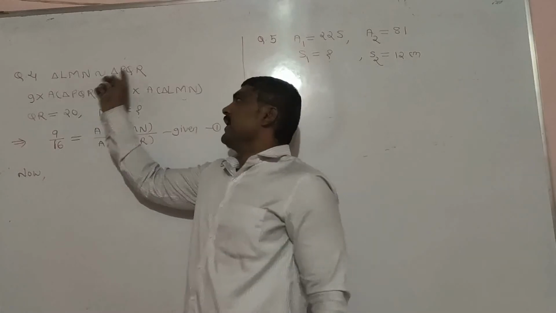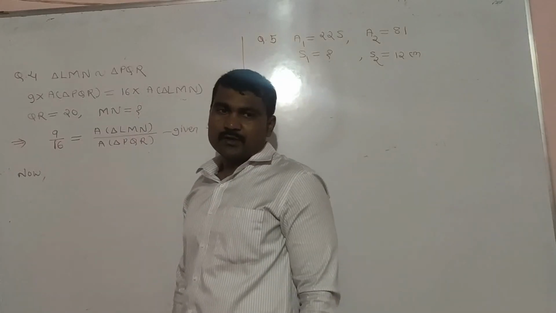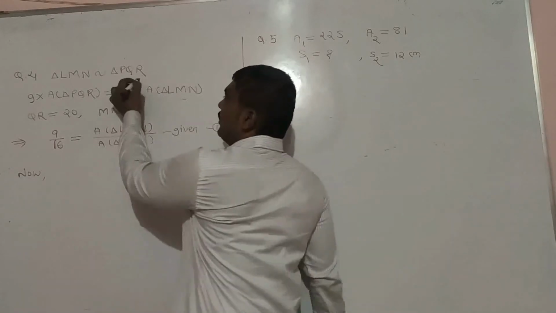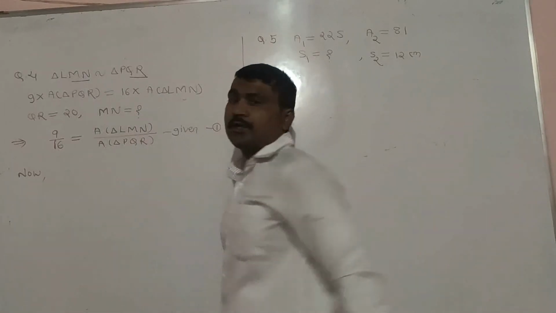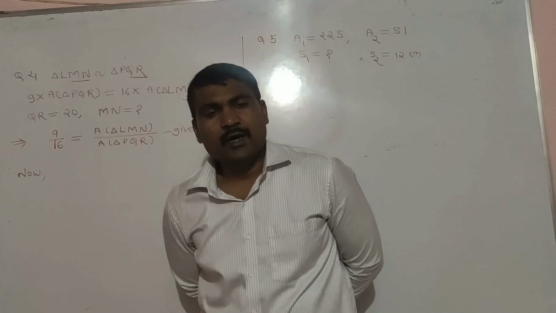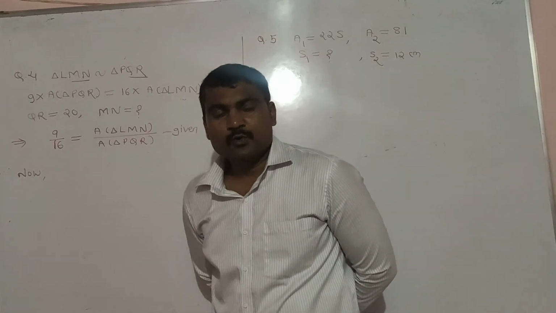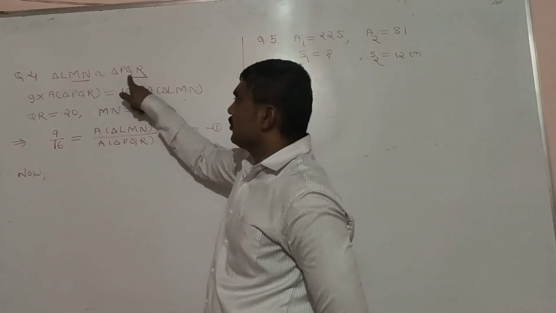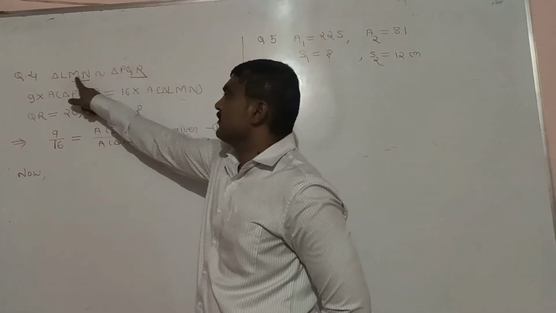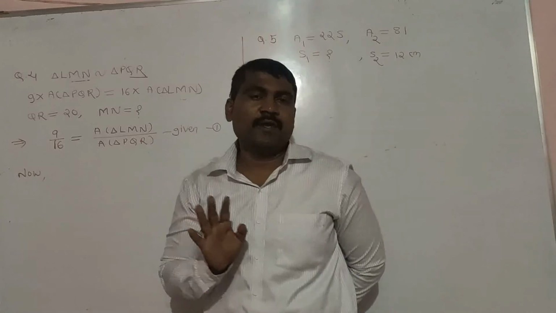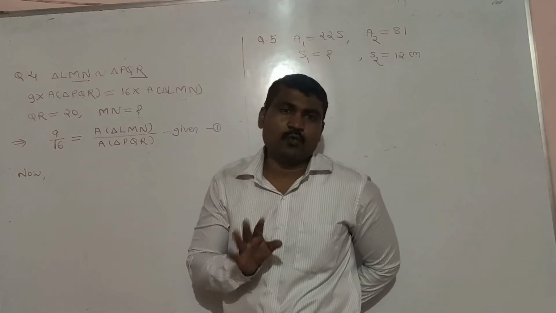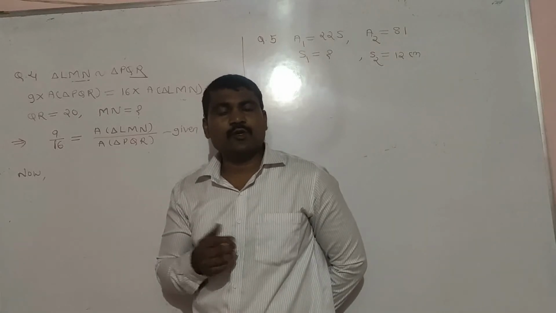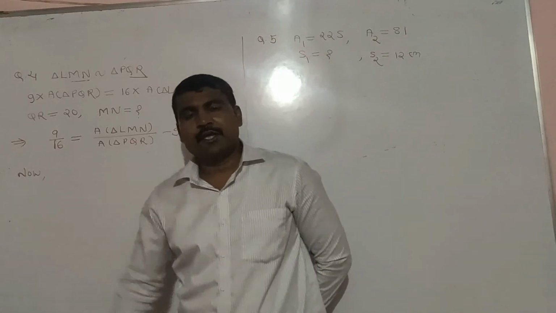Triangle AMN and triangle PQR are similar, given, and we have to find MN. MN and QR are corresponding sides of the given two similar triangles. Now you can see MN and QR are the corresponding sides. Two triangles are similar and the ratio of areas is also given. So obviously we will apply theorem number 4.